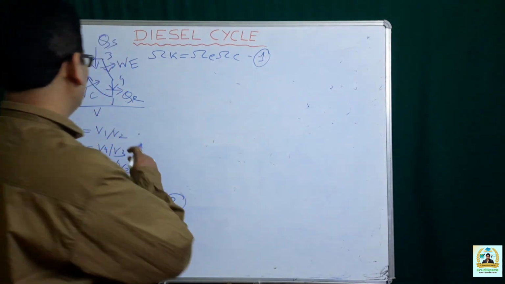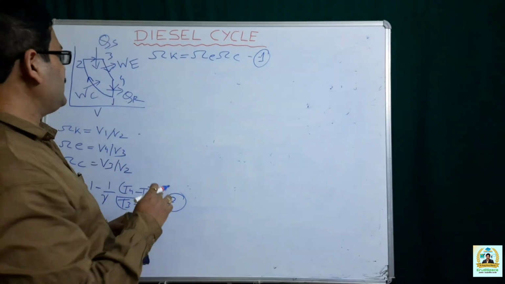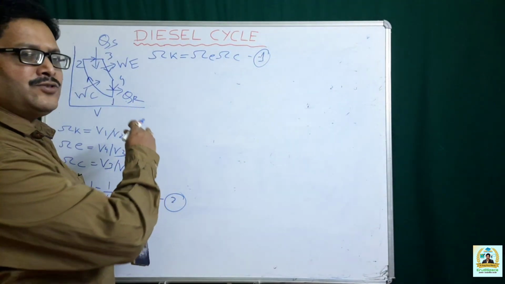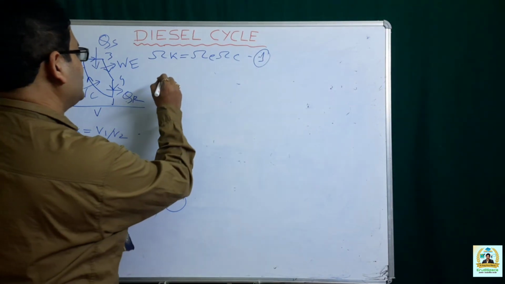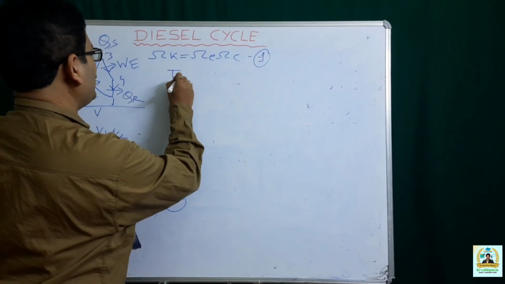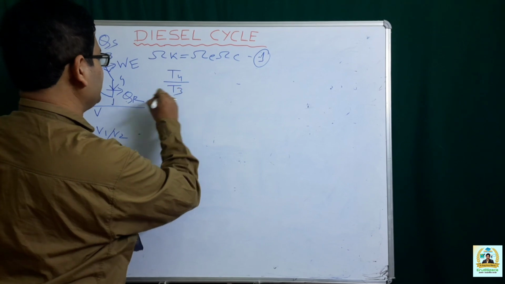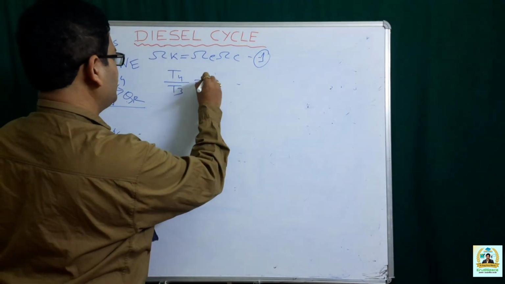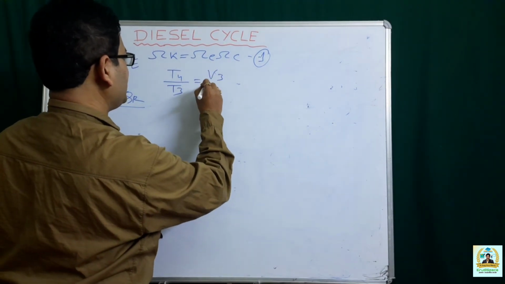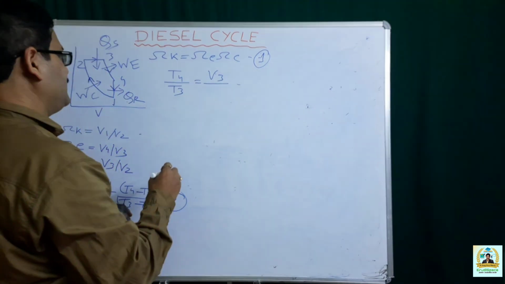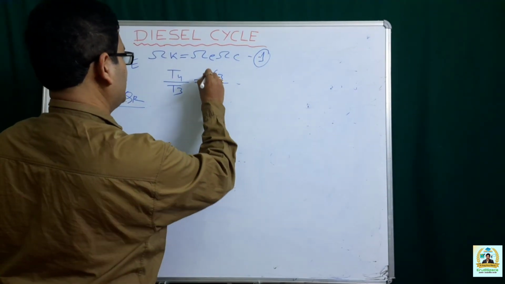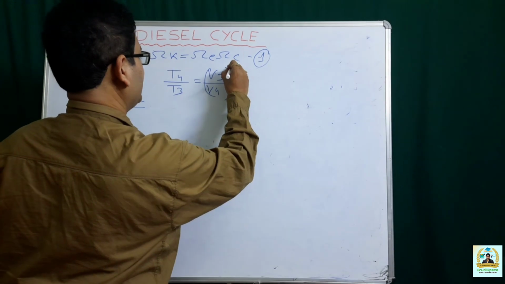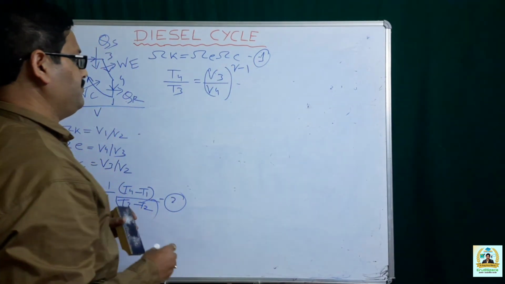So first we know that 3-4 is an isentropic process. So T4 by T3 is equal to V3 by V4 to the power gamma minus 1.